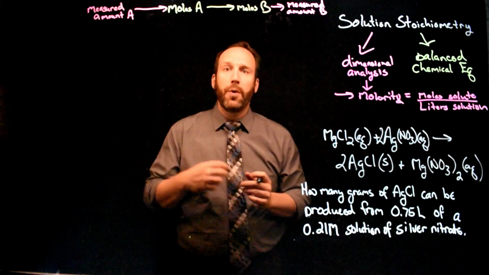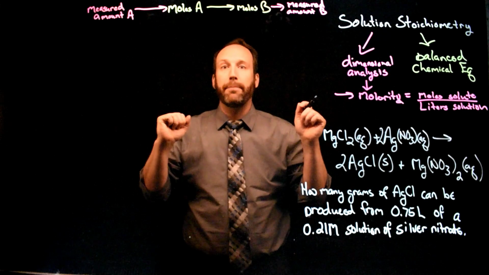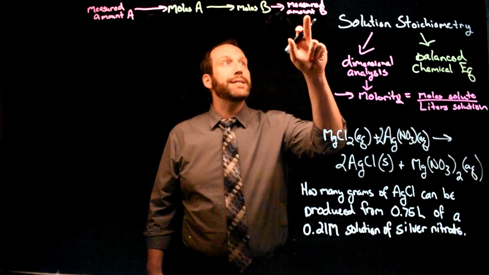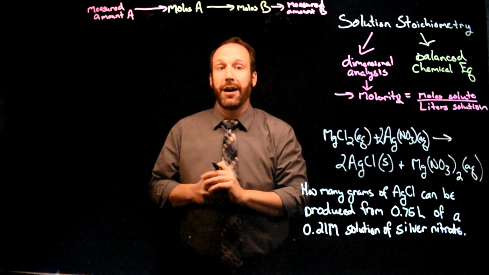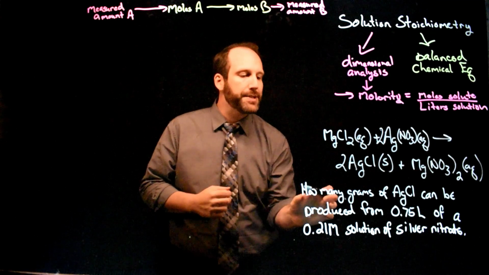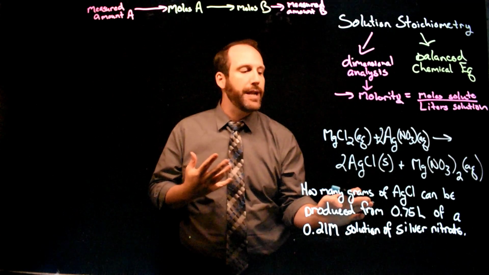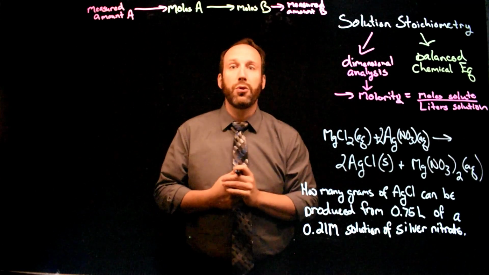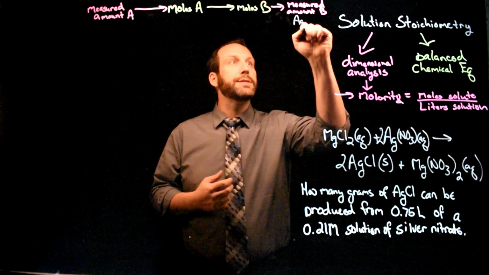So we have to figure out what's the A and the B here in our roadmap. Well, B is always going to be the component that we're looking for some measured amount of. And so in this problem, we're asked how many grams, that's our amount, or our measurement, of silver chloride. So silver chloride here is our B. So I'll write silver chloride.